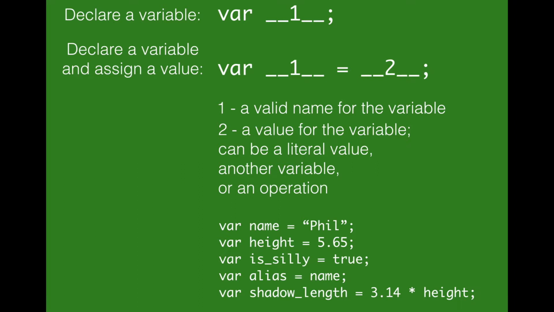We're going to learn about all those different operators there, but notice that I've used that height variable. So we're basically calculating the length of a shadow by taking the value assigned to height and multiplying it by 3.14. So we've reused that variable height, and we did not use that var keyword when we used it down there. That's totally fine. It's also totally acceptable for us to redefine variables after we have declared them, and we do not need to use the var keyword again in those cases.